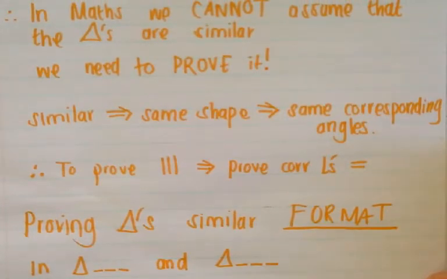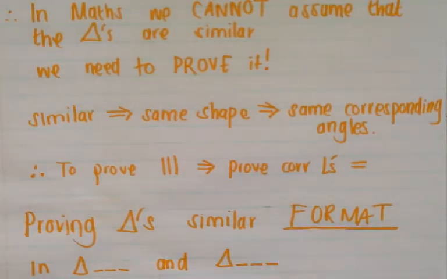So we always start by introducing which triangles we are dealing with. For instance, if we're dealing with triangle ABC and DEF, then we would say in triangle ABC and triangle DEF. It's like English, where you have to have an intro. This is your intro to proving similarity.